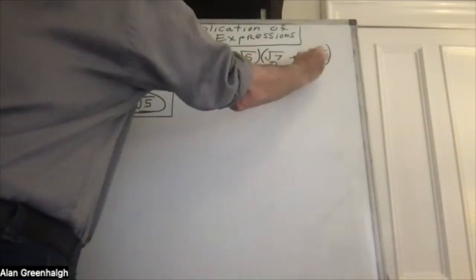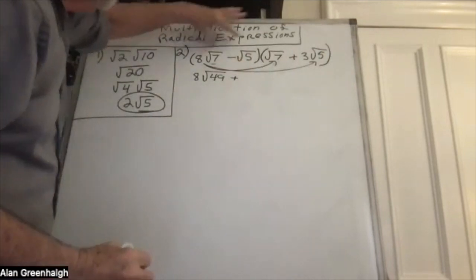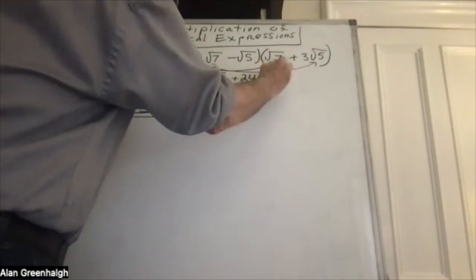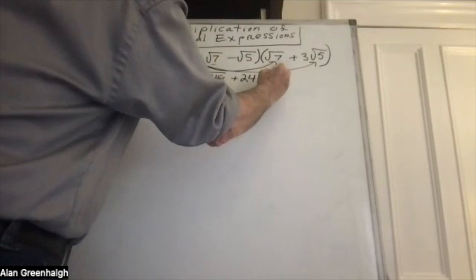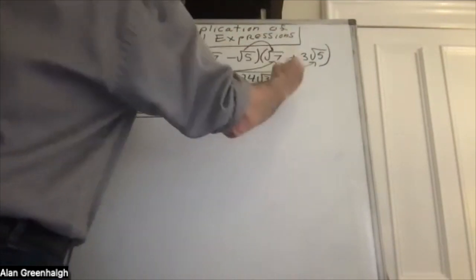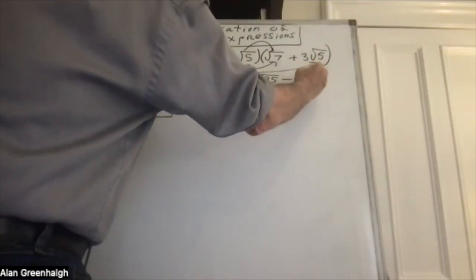This times this gives you positive 3 times 8 is 24 times the square root of 7 times 5 is 35. Now this times this gives you negative the square root of 35.